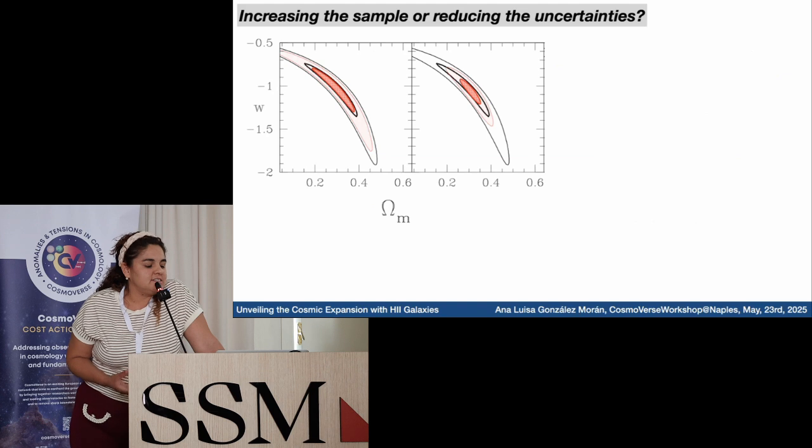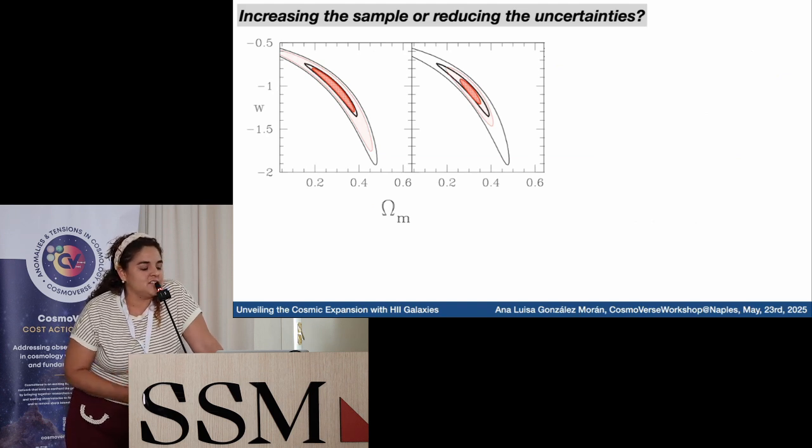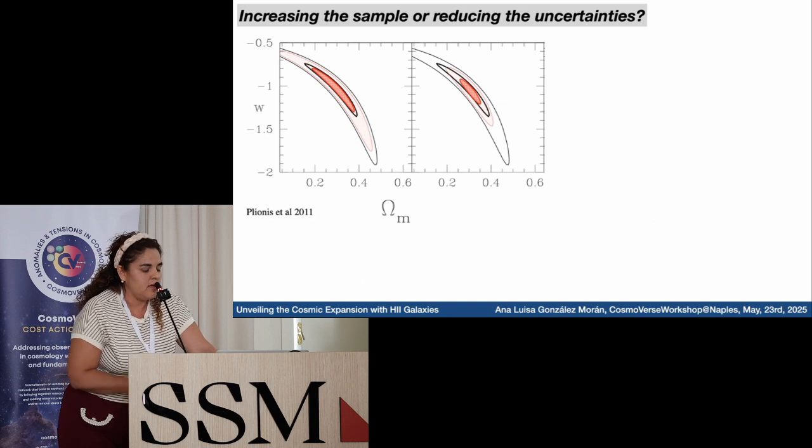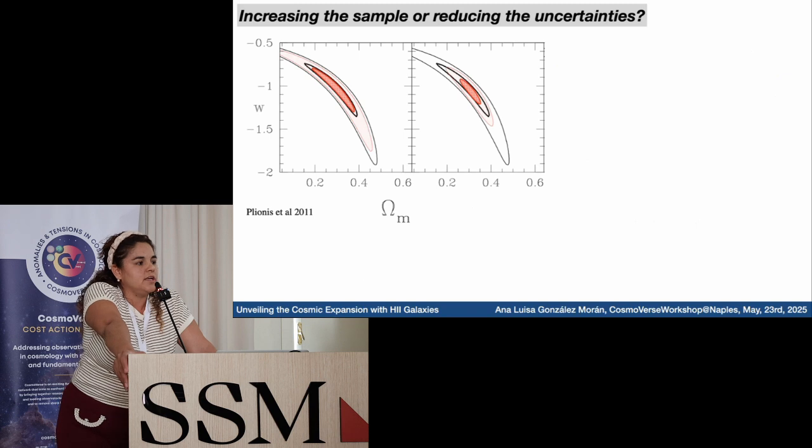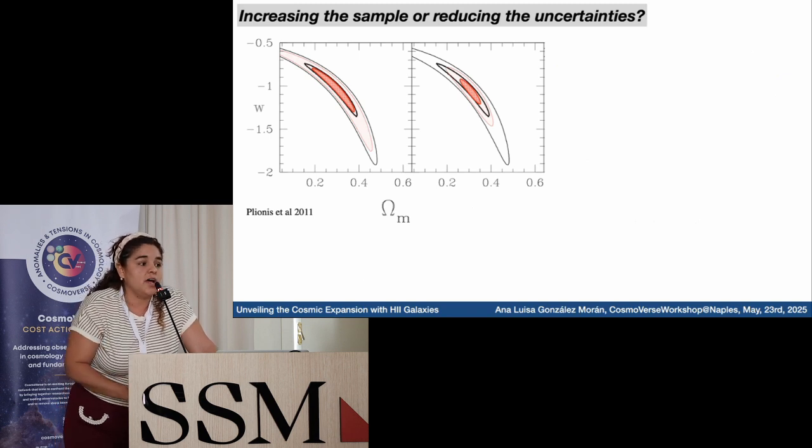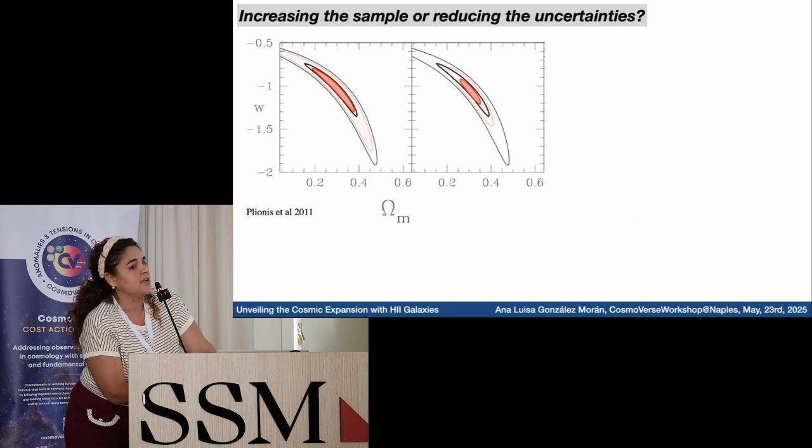What is better, increasing the sample or reducing the uncertainties? This is a simulation that one collaborator did a long time ago. Using supernovae, he reduced the uncertainties by half, and the results that he obtained are shown in red on the left panel.